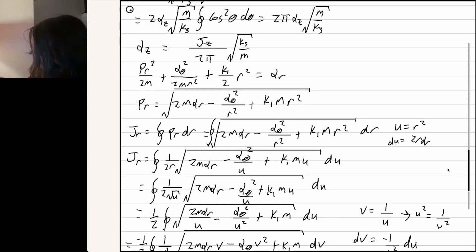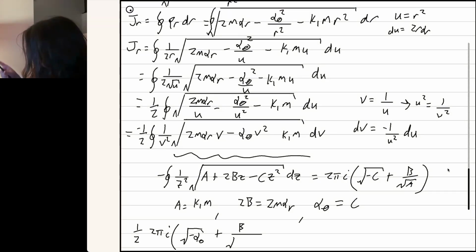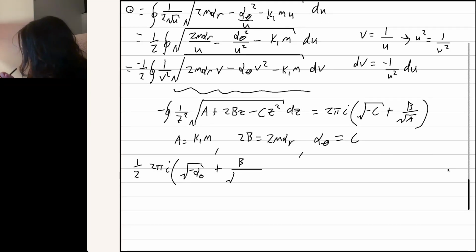Yeah, these are all meant to be minus signs, actually. Minus, minus, minus. I need to do this because it's going to make things not be imaginary in the end. We want real action angle variables. So that means A is actually minus k1m here. B was just m alpha r.